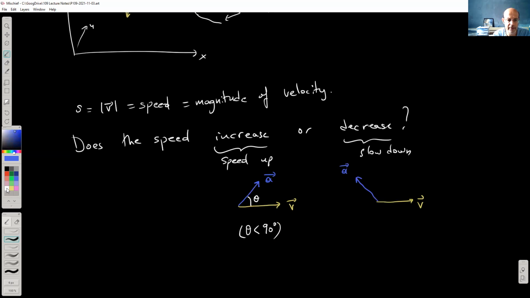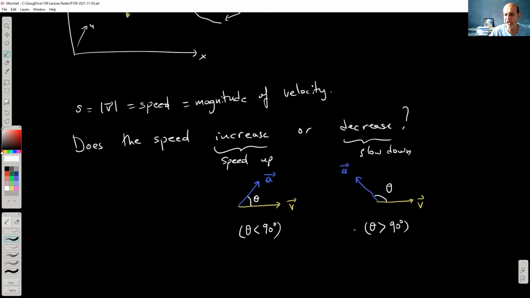Like that, for example, in that case, it appears that the object is slowing down. I'm just going to give this as a statement here. I don't want to prove this here, because if I do, then you will get confused. I know that, but at some later point, I'm going to show you this. As a result, you can decide whether the object is speeding up or slowing down by just looking at the relative direction of the acceleration and the velocity.